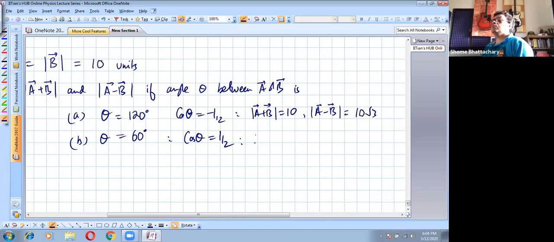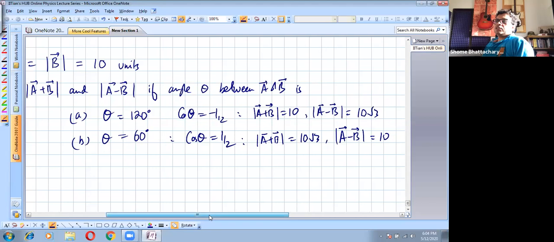In this case you get mod a plus b as 10 root 3 and mod a minus b as 10.